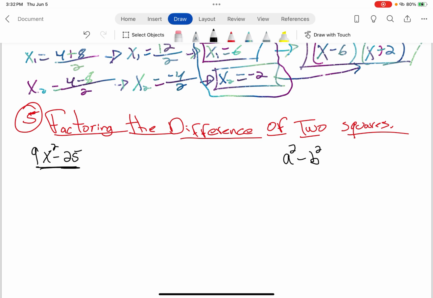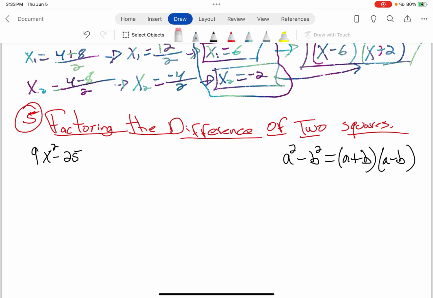When you get something like the formula, this will be equal to a plus b times a minus b. It doesn't matter the order, you can write the a minus b first. So first I have to convert this original equation to something similar to this.